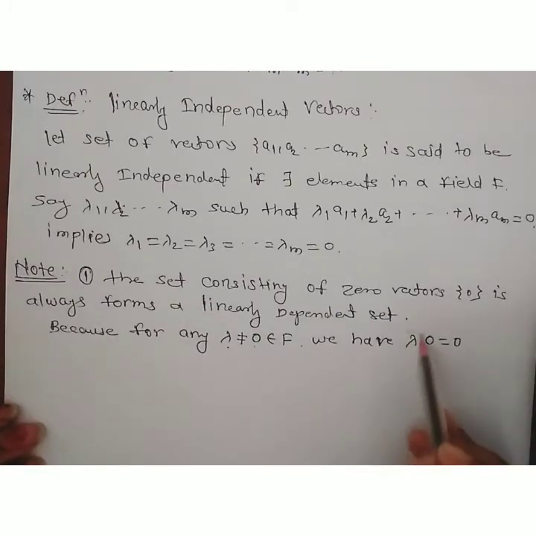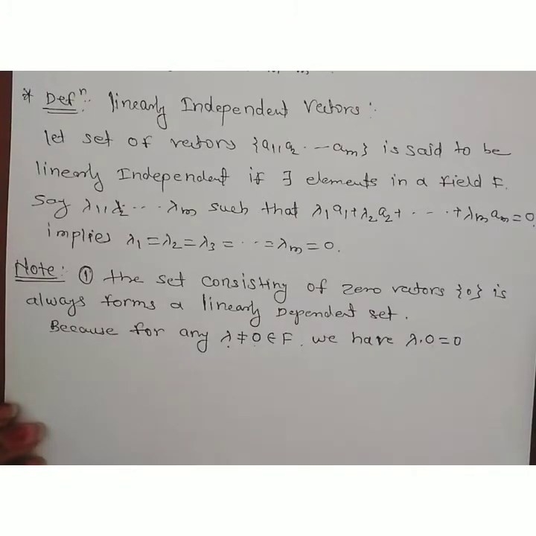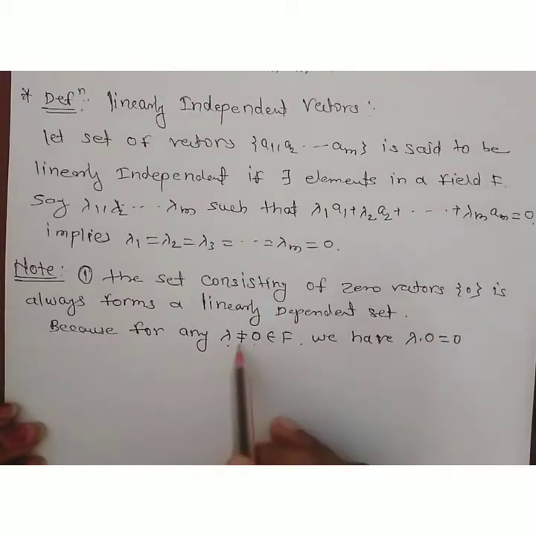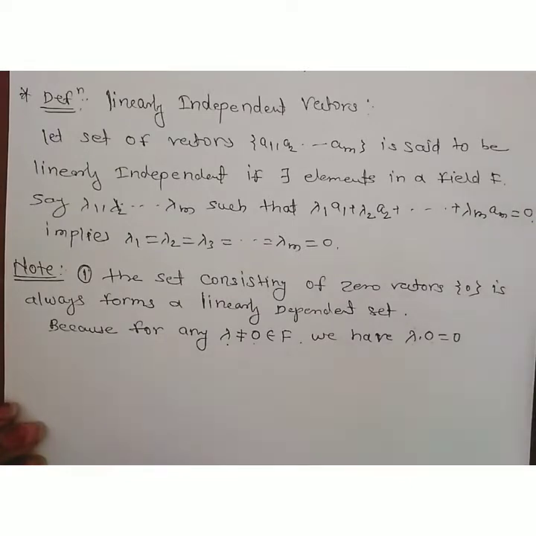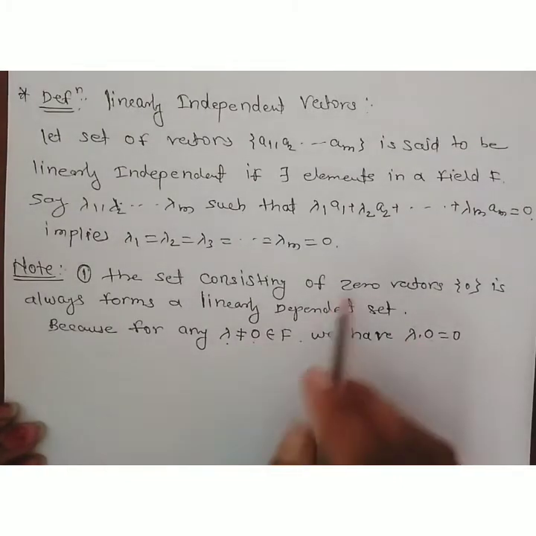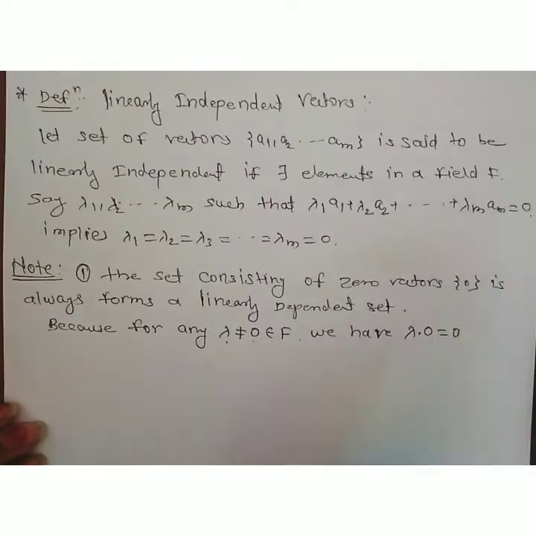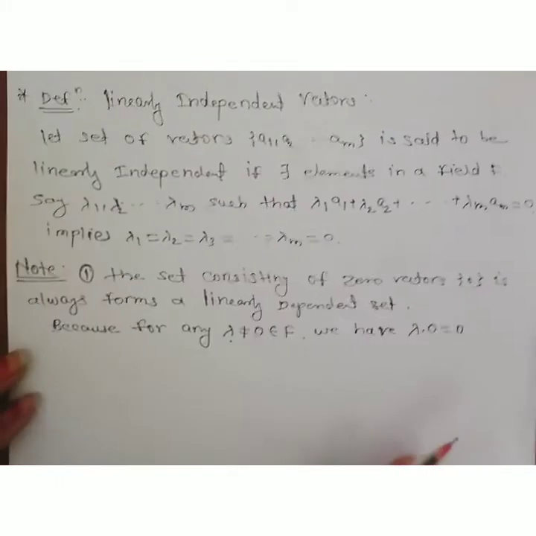So this scalar is non-zero, but this is the condition of linear dependence. This is a linear combination with the zero vector, where we take lambda as a non-zero element belonging to field F, the product is 0, and lambda is non-zero. Therefore, this set containing the singleton 0 is always a linearly dependent set.